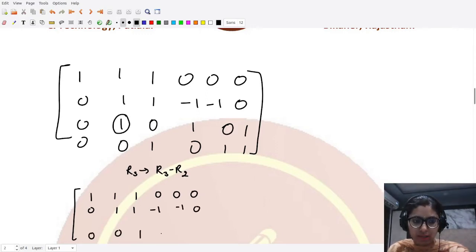We are only applying the operation onto row 3, so we are doing R3 minus R2. So 0 minus 0 is 0, 1 minus 1 is 0, 0 minus 1 is minus 1, 1 minus of minus 1 is 2, 0 minus of minus 1 is 1, and then 1 minus of 0 is 1. So this is the reduced matrix.